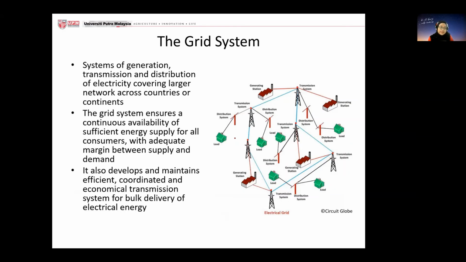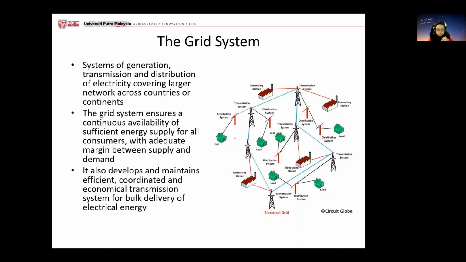So basically, the grid system is a system of generation, transmission, and distribution of electricity, covering a larger network across countries or even continents. Okay? So the grid system ensures a continuous availability of sufficient energy supply for all consumers. And you actually have an adequate margin between supply and demand.